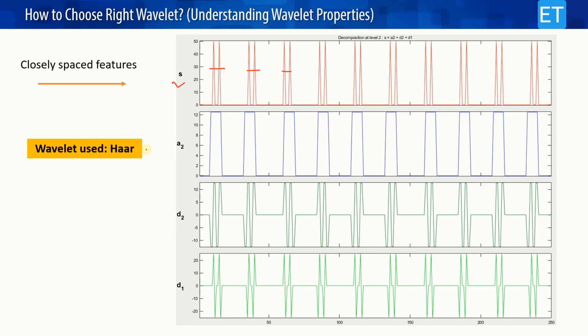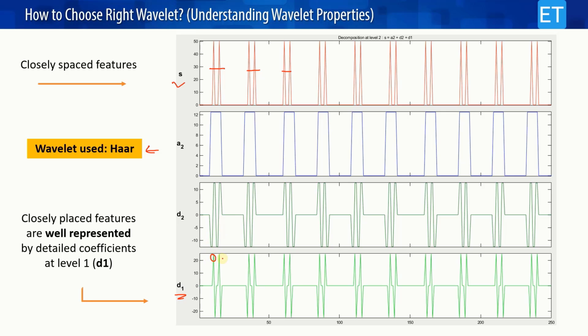I have decomposed this with the wavelet HAR, of course that has the less support. And here if you see these detail coefficients at level 1, you can see that these features which are closely spaced are well distinguished, or well represented, by these wavelet coefficients at level 1. So this is one good example.